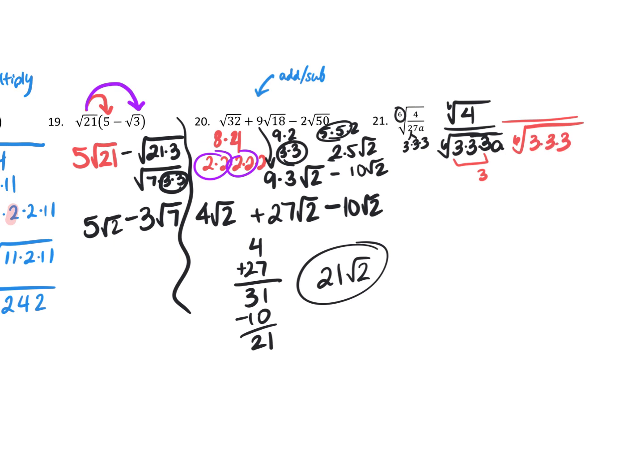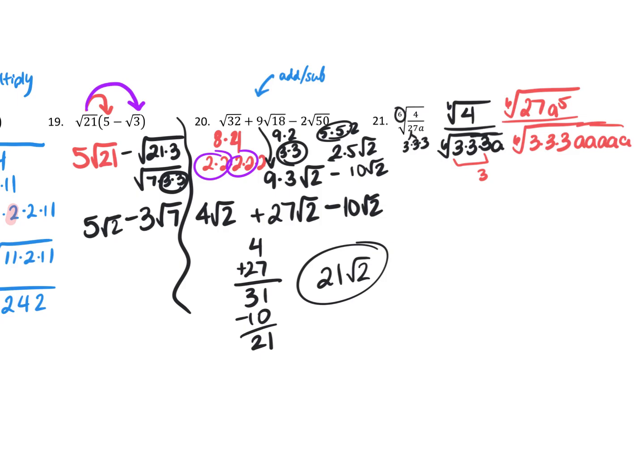If it was 5th root, I would only need 2 more 3's. And I need 1, 2, 3, 4, 5 a's. So on the top, I multiply by the 3 times 3 times 3 is 27, and the 5 a's is a to the 5th.